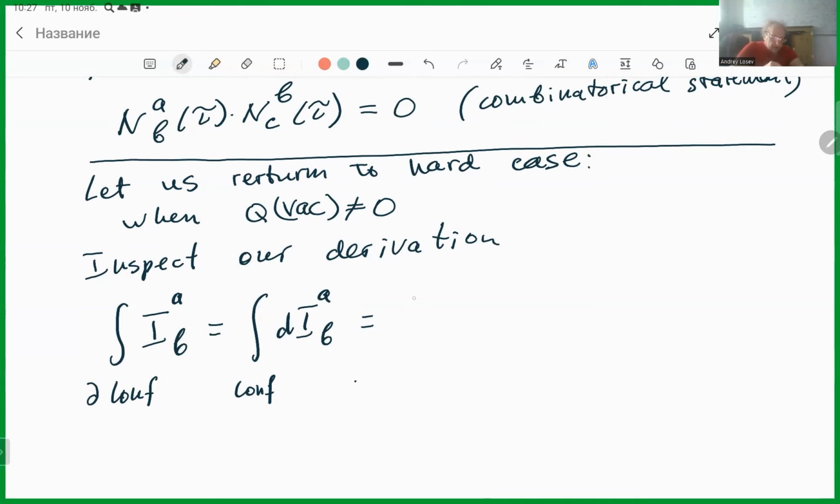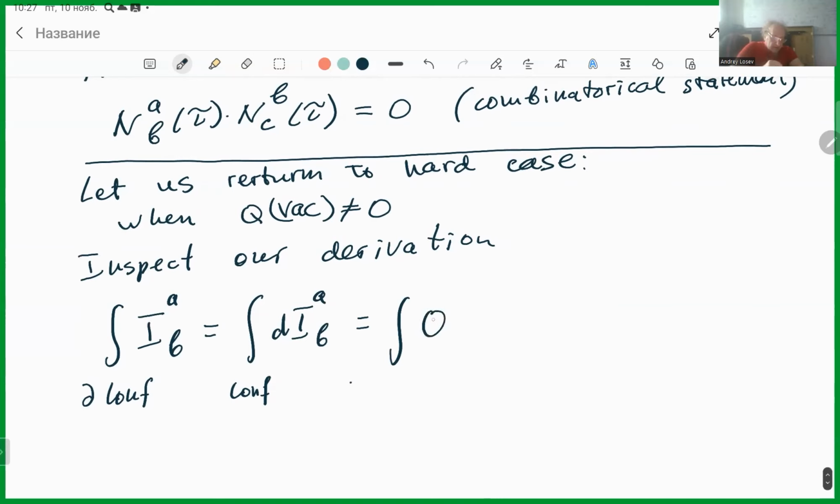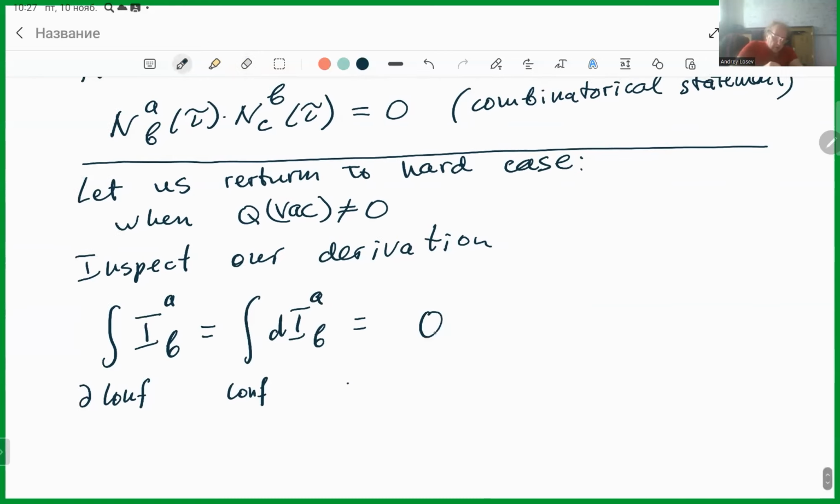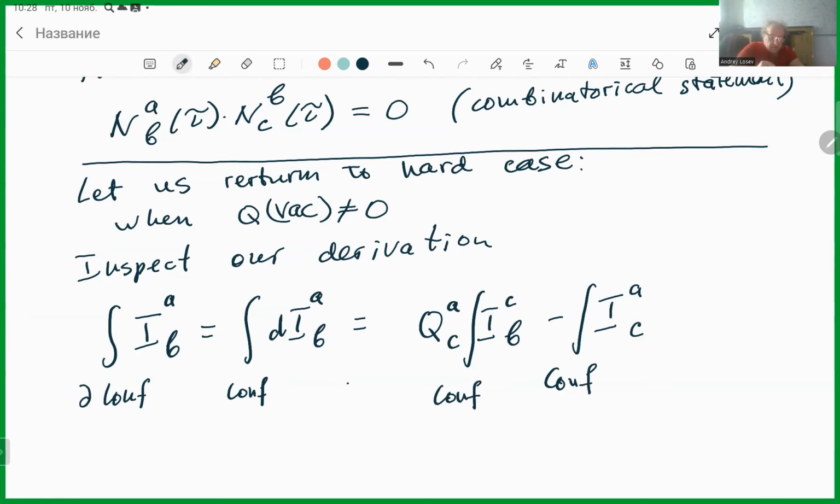And on the right-hand side, we have QAC, ICB integrated on configuration minus IAC, again integrated on the space of configurations, and here we have QCB.